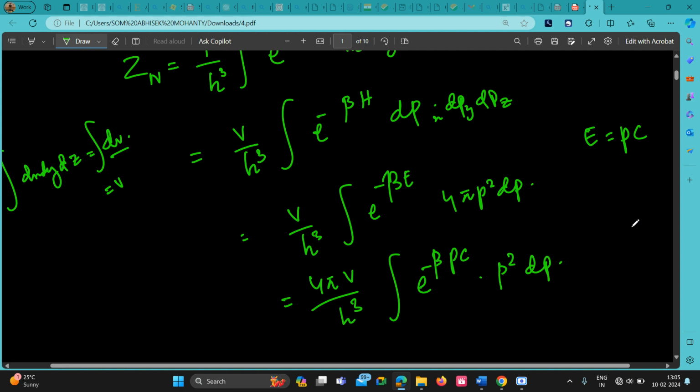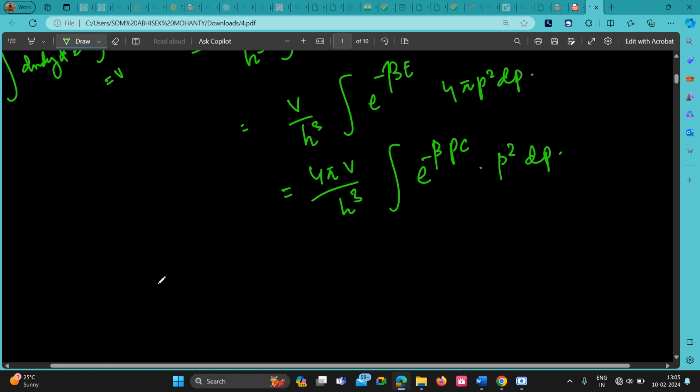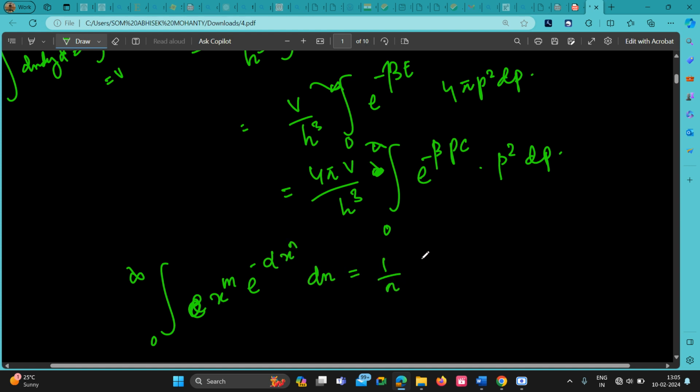Now, we know a formula, 0 to infinity, the upper limit is infinity: integral from 0 to infinity of x to the power m e to the power minus alpha x to the power n dx is equal to 1 by n gamma of (m plus 1) by n, divided by alpha to the power (m plus 1) by n.